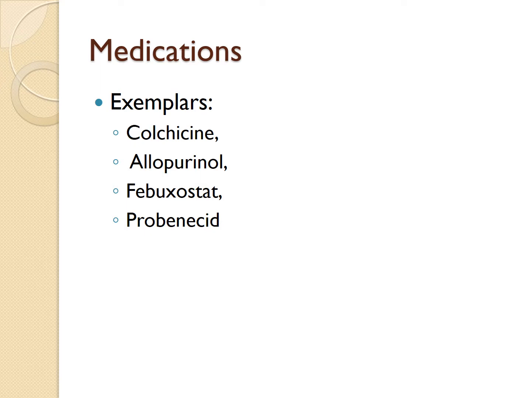Adverse effects, again, are GI issues, nausea, vomiting, abdominal pain, dyspepsia, hematological issues, bone marrow depression, aplastic anemia, and that's where all the cells are involved, the red blood cells, the white blood cells, platelets, and they're not produced.